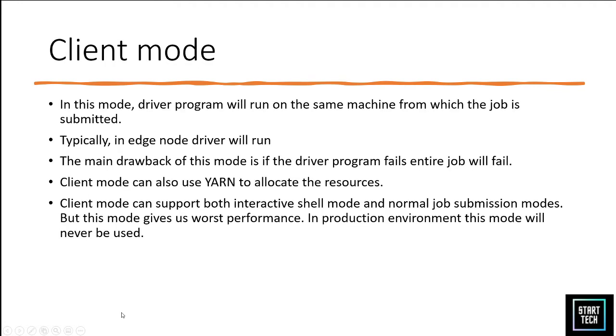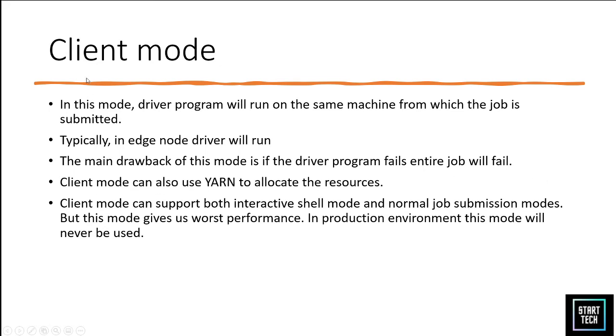Let us see what the difference is. In client mode, the driver program will run on the same machine from which the job is submitted. Typically, this is the edge node. This is the expected answer from an interview question standpoint. The main drawback in client mode is that if the driver program fails, the entire job will fail.